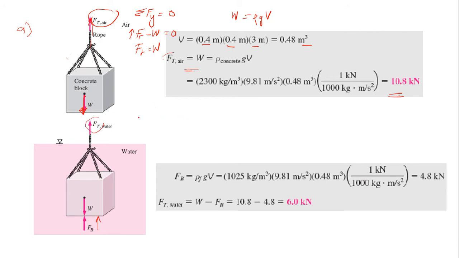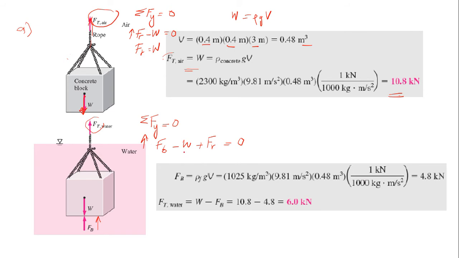Because you have another component of force, your summation of force in the y direction is still equal to 0. Taking upward as positive, you have FB, minus W in the different direction, plus FR in the similar direction, is equal to 0.